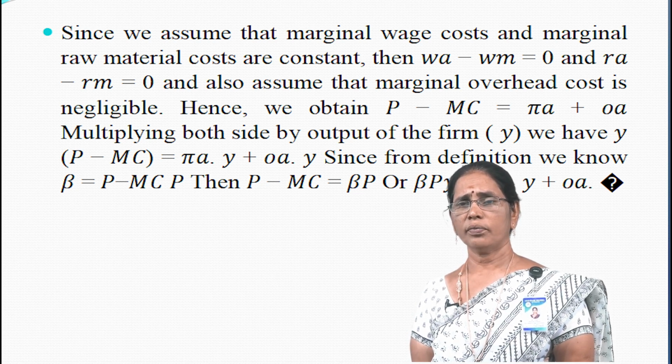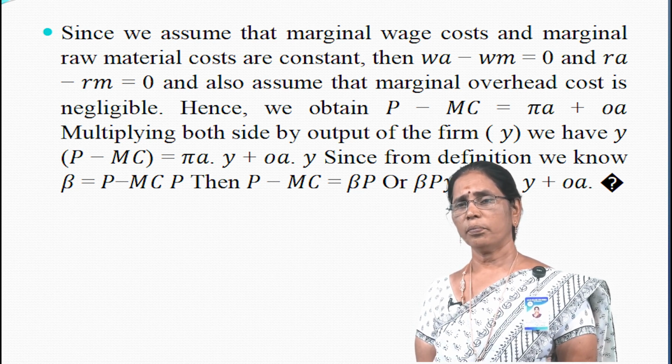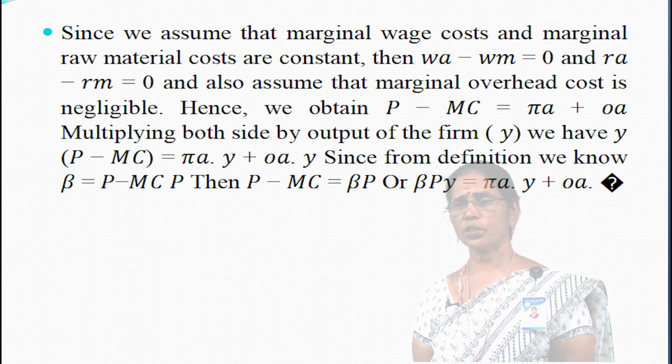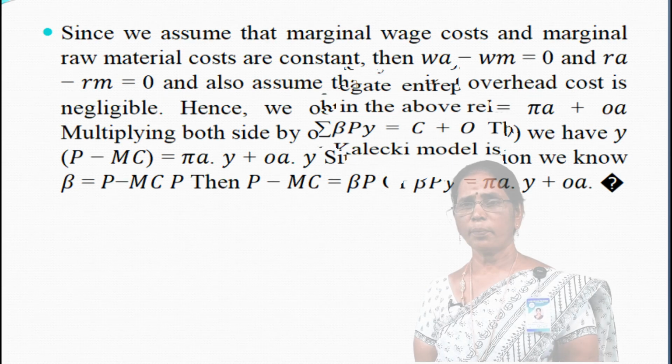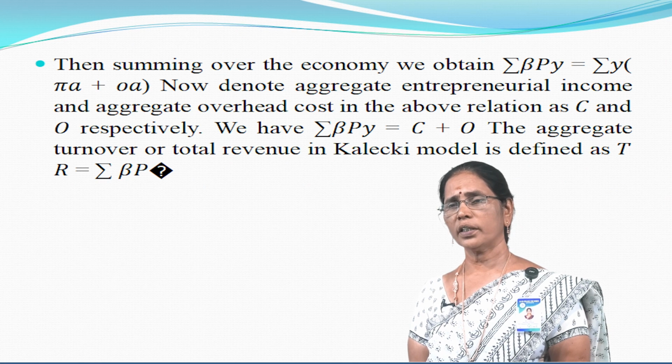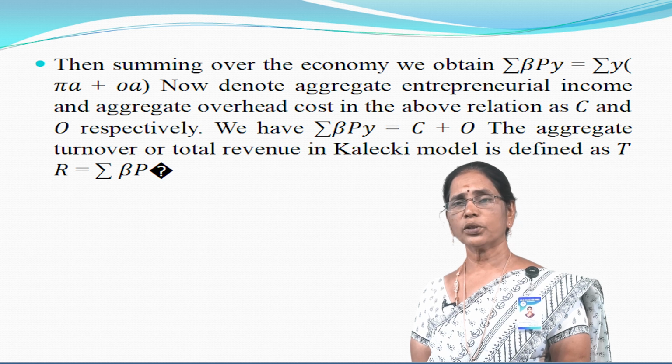Since from the definition we know beta is equal to (P minus MC) over P, then P minus MC is equal to beta P, so beta PY is equal to PA into Y plus OA. Summing over the economy, we obtain summation of beta PY is equal to summation of Y into PA plus OA.